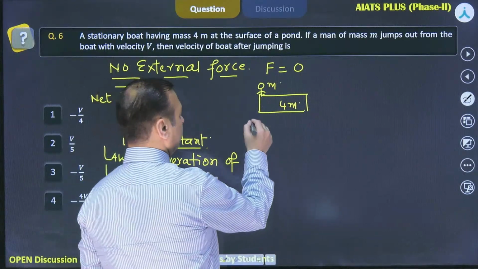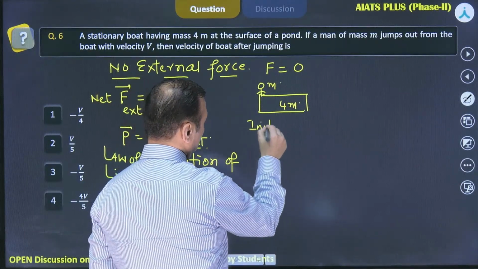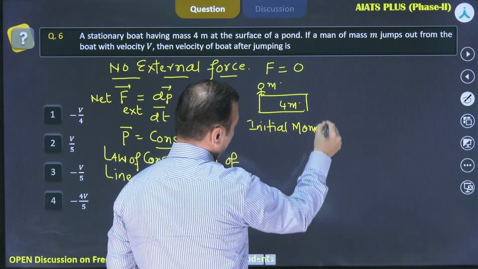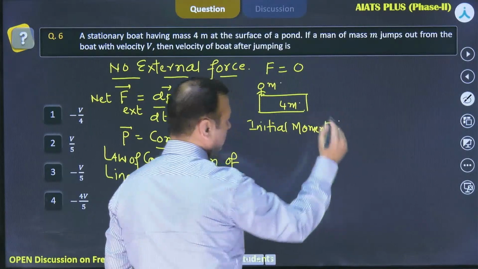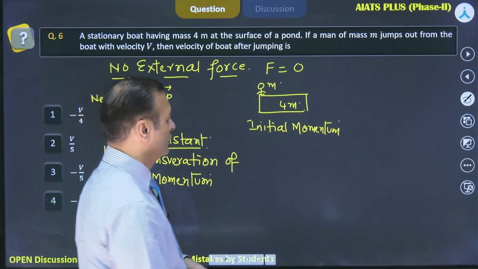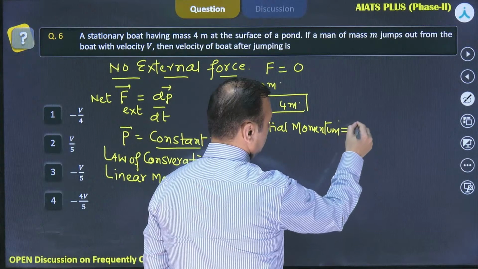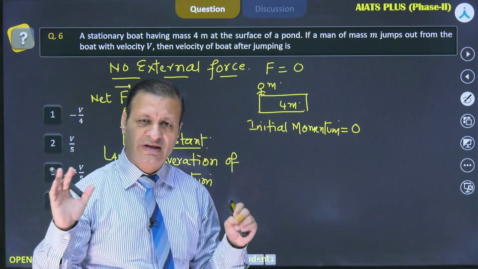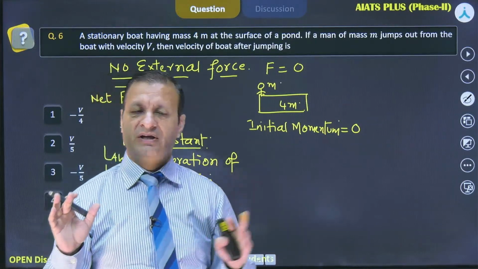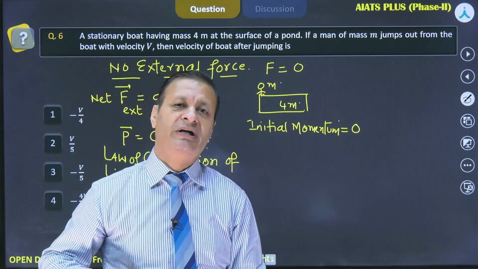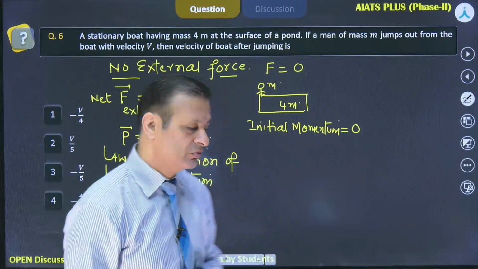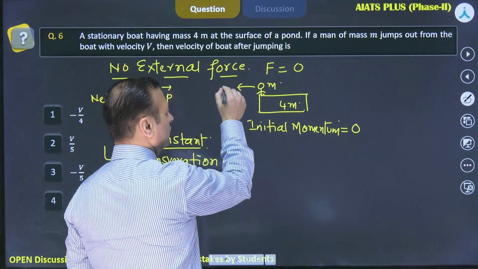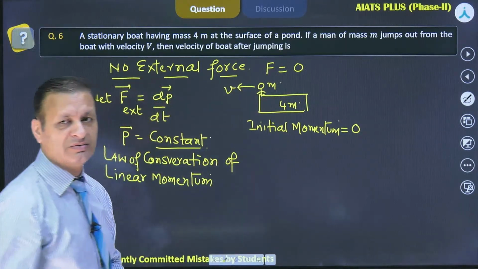So what is the initial momentum of the system? Initial momentum of the system is 0 because the boat carrying a man is at rest. So initial momentum is definitely 0. But now let's suppose the man jumps from the boat with some speed v.